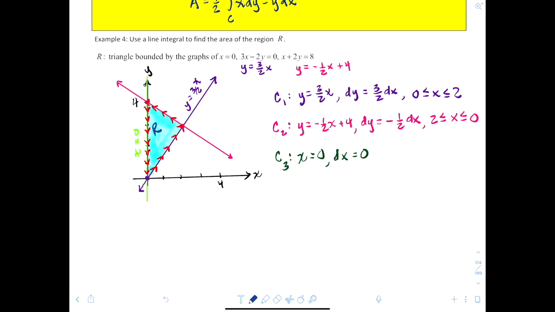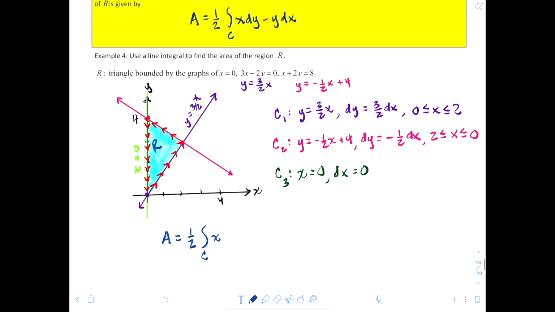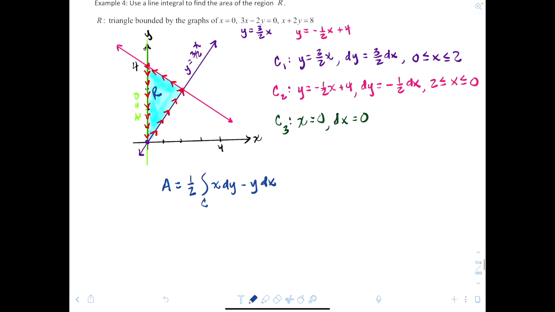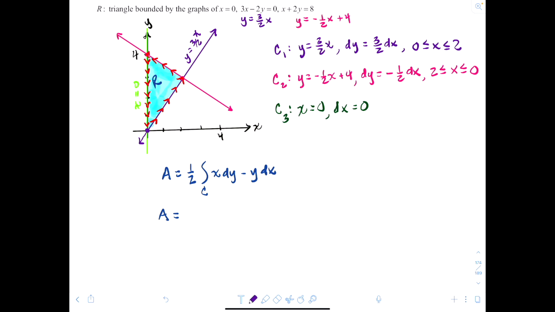So in general, this is what we have. Our area is 1/2 along this line integral of x dy minus y dx. Cool so far? So what we're going to have is this. Our overall area will be, looking at curve 1 first, 1/2 the integral from 0 to 2 of x dy.